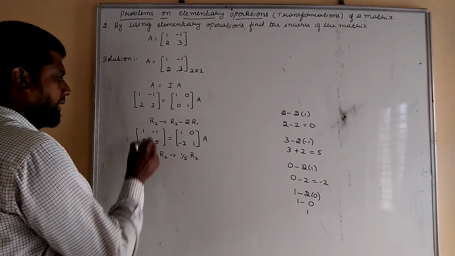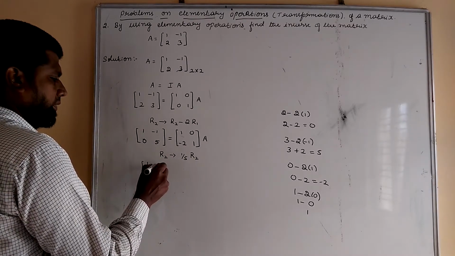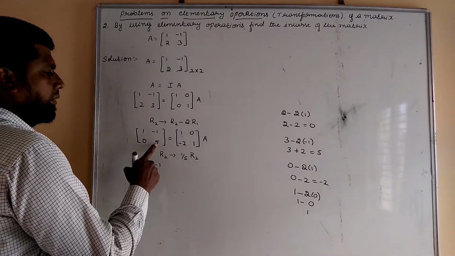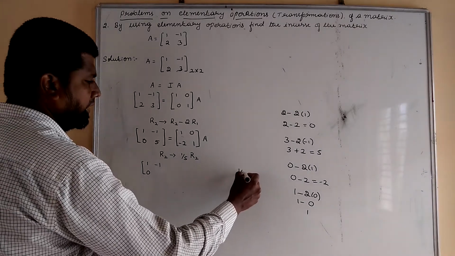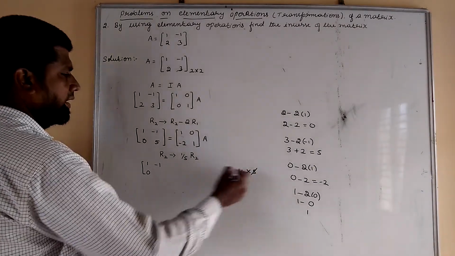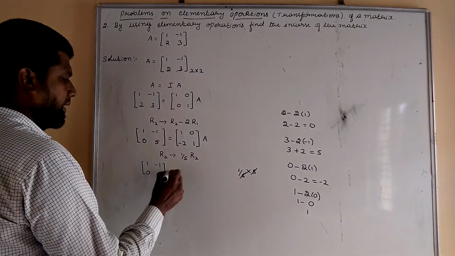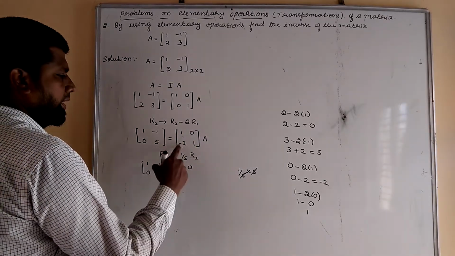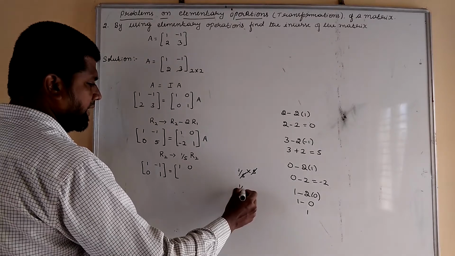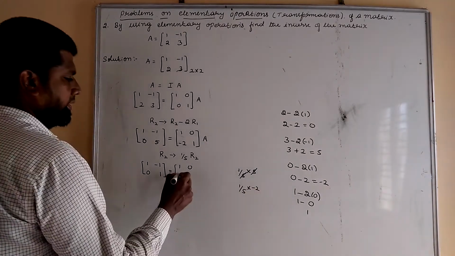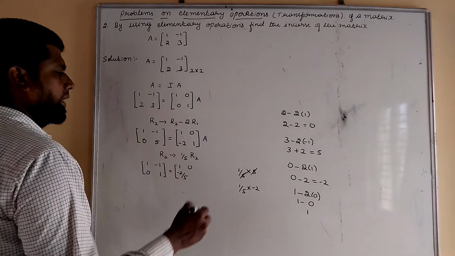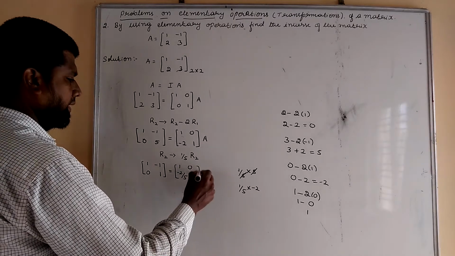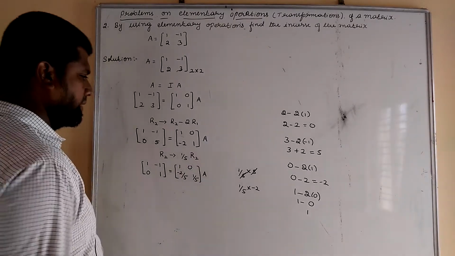The first row will be the same, 1, minus 1. 0 into 1 by 5 means 0, and 1 by 5 into 5 means the 5 gets cancelled, remaining 1. For the first row, 1, 0, then multiplying 1 by 5 with minus 2 gives minus 2 by 5. Again 1 by 5 into 1 means 1 by 5 only. So write A like that.